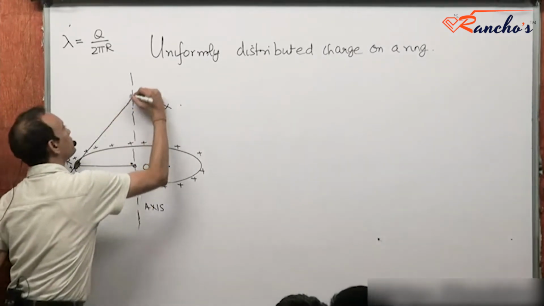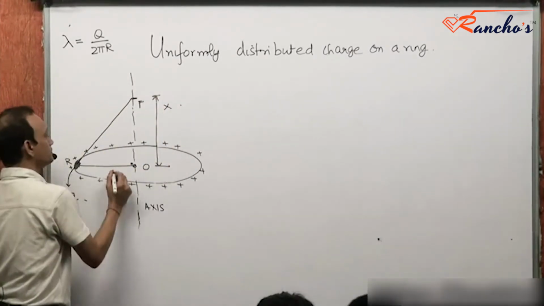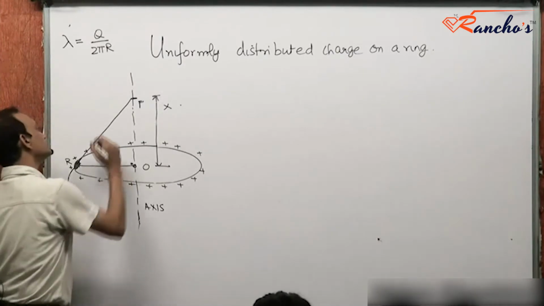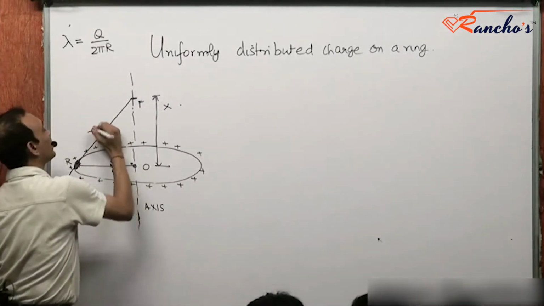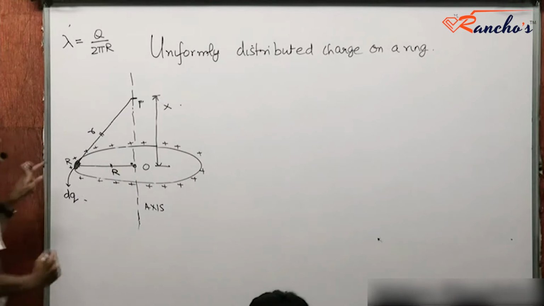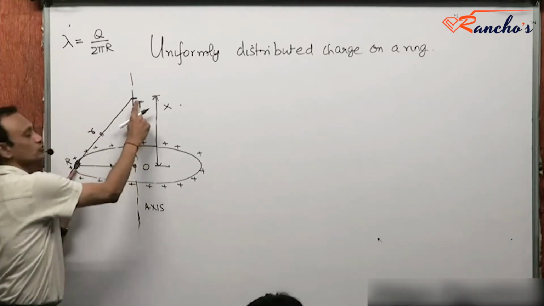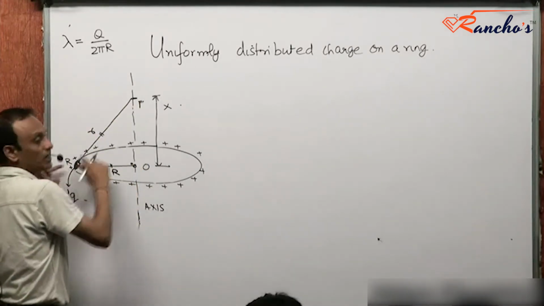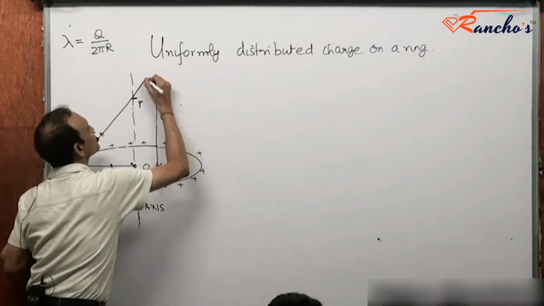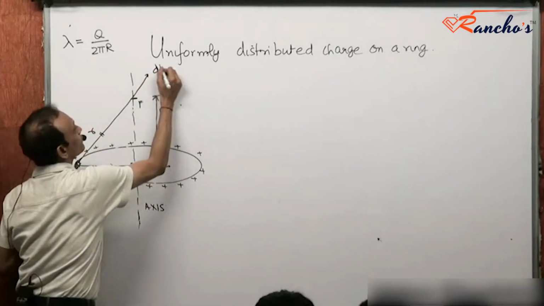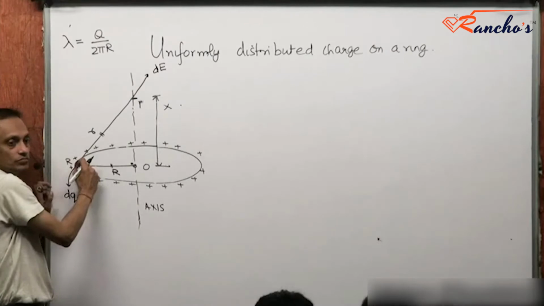Say this is capital R, this is small r, this is small r. If you placed a unit positive charge at P, it will experience a force in this direction, dE, which is the electric field because of this dq.